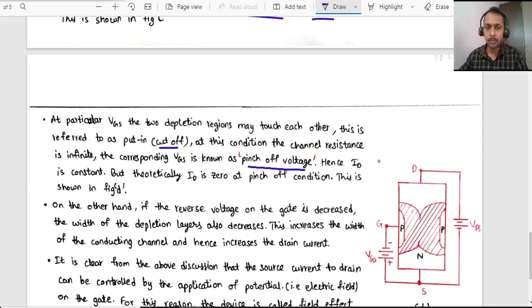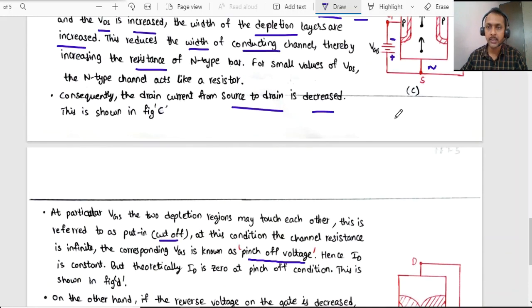Dear students, simply observe, you are slowly increasing the value of VGS. At some particular value of VGS, there won't be any current flowing from source to the drain. That value of voltage is called the pinch off voltage.